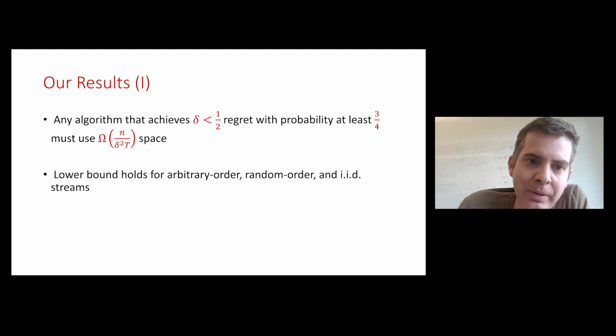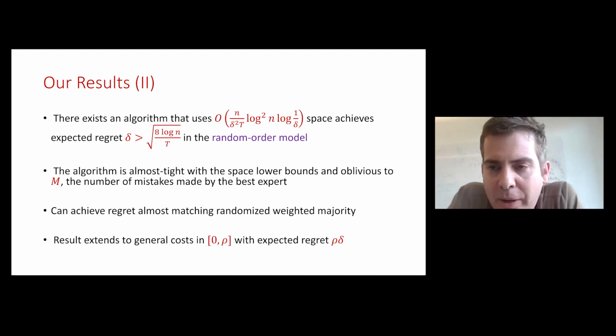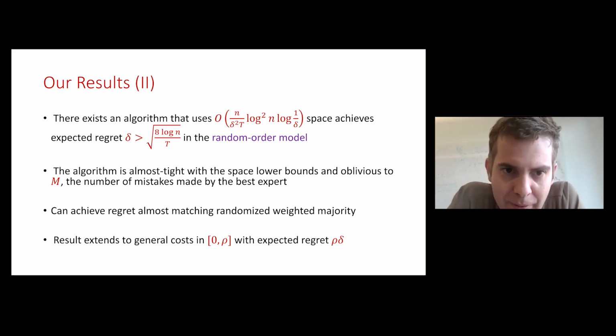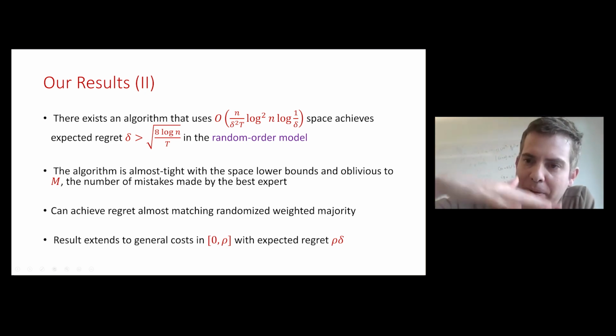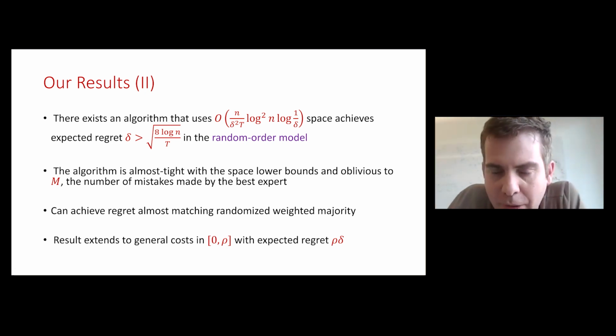Okay, so that's a lower bound, and our second result is an algorithm which matches that lower bound, almost. So it's in the random order model, first of all. So the days do need to be randomly ordered, which makes sense in certain applications.